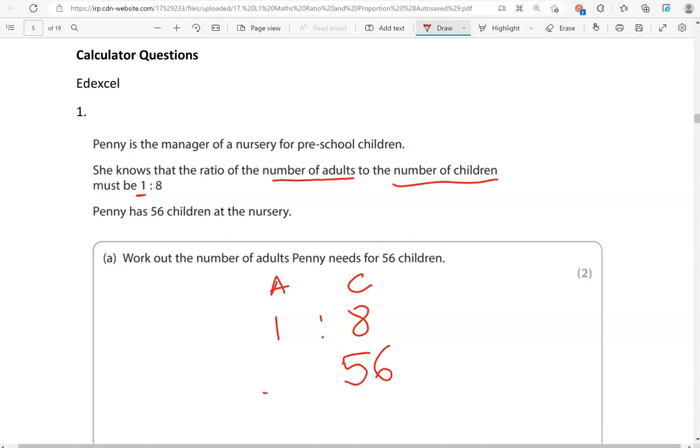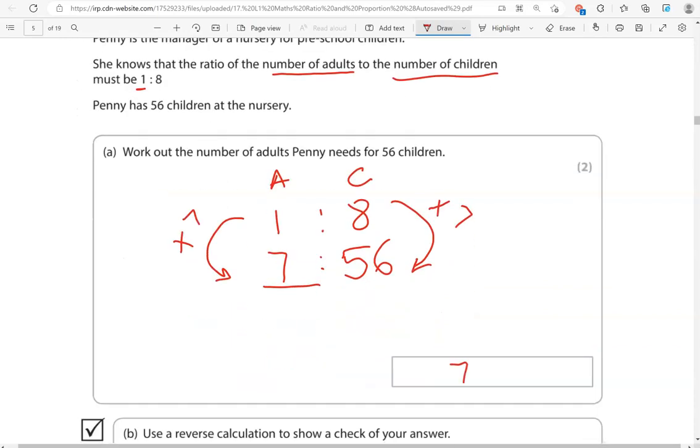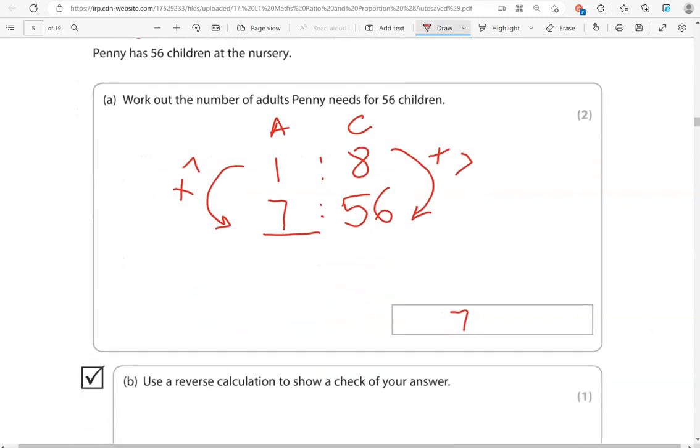We've got to work out the number of adults. How do you get from 8 to 56? What do you multiply 8 by? That is 7, because 8 times 7 gives us 56. So we need to do the same on the other side. 1 times 7 is 7. So 7 is the number of adults needed.